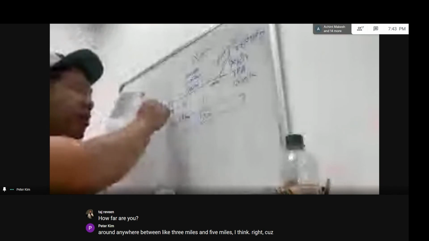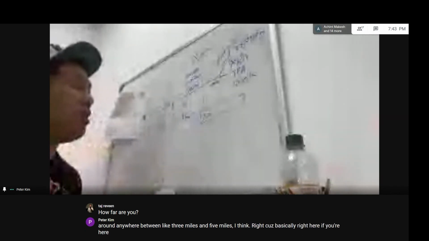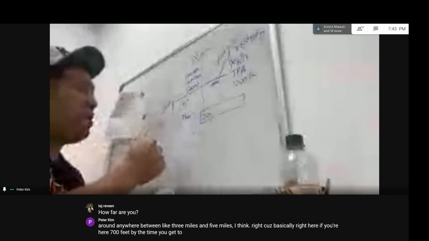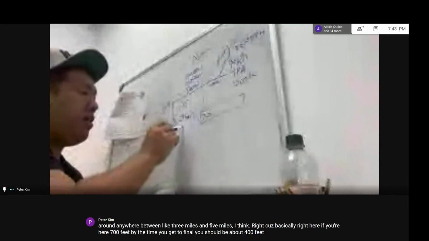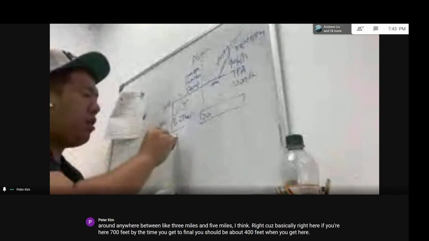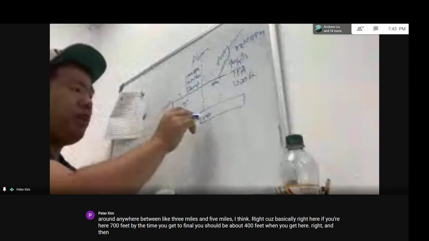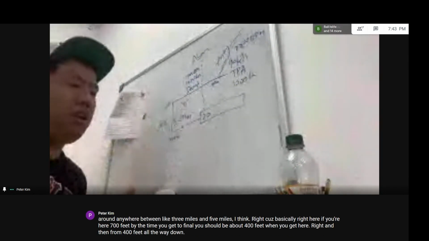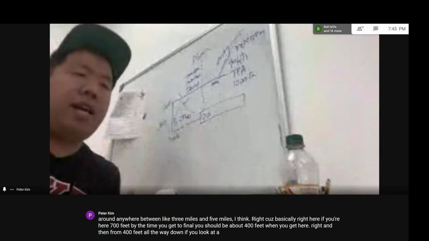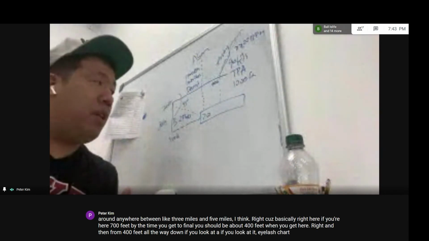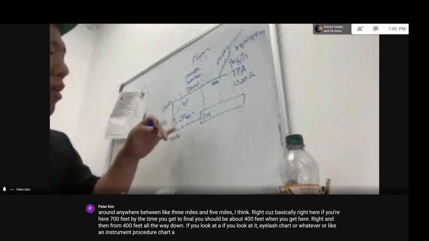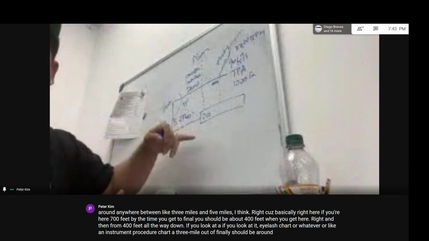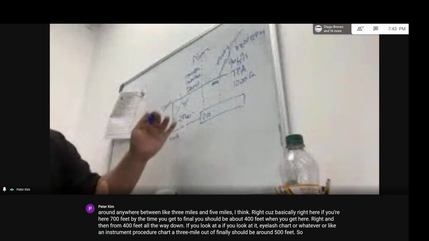Basically, if you're here at 700 feet, by the time you get to final, you should be about 400 feet when you get here. And from 400 feet all the way down, if you look at an ILS chart or an instrument procedure chart, 3 miles out on final should be around 500 feet. So you're in the ballpark, right?